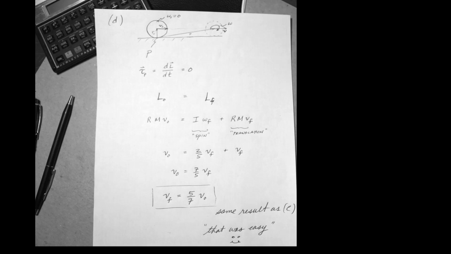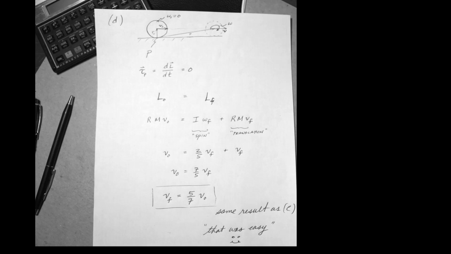And if we define clockwise rotation sort of as the positive direction, then we've got a positive RMV sub naught, which is the initial velocity.